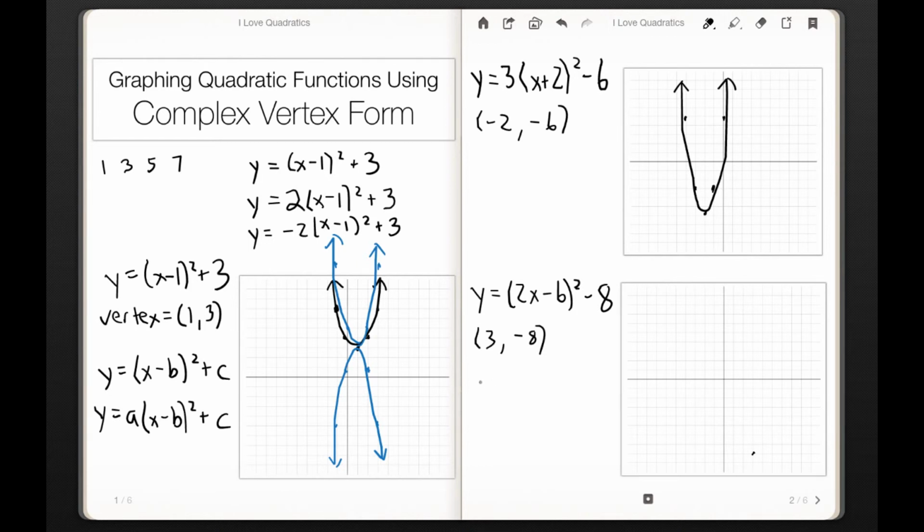So if you wanted to, you could rewrite this equation as y equals 4 times x minus the x-coordinate of the vertex squared minus 8. So all we did is we factored out the 2 of 2x minus 6 to get x minus 3. And when we factored it out of the squared, we just squared it. 2 squared was 4. So these are the exact same. So if you want to, you can rewrite it like this.